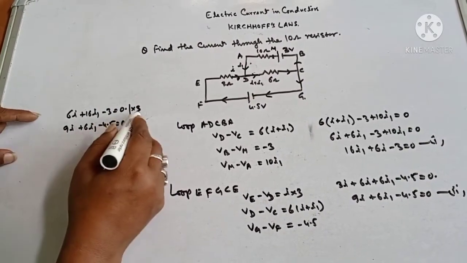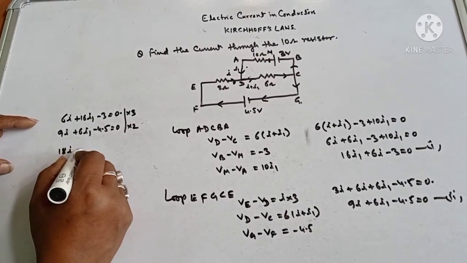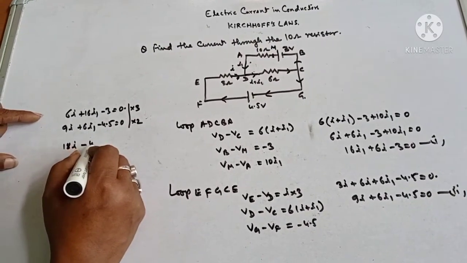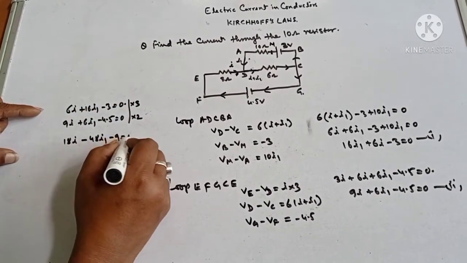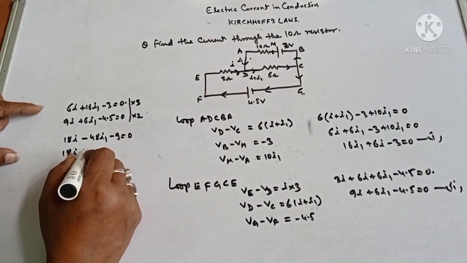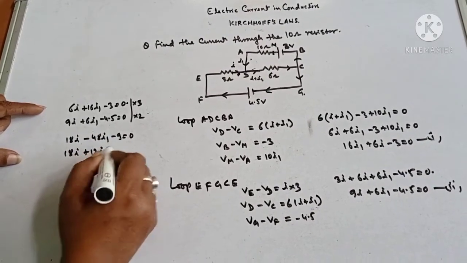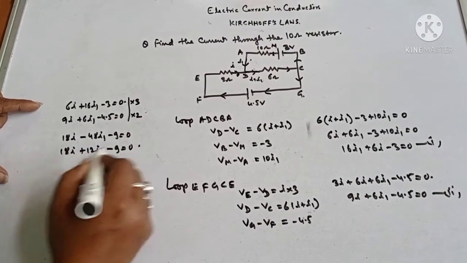So 18I plus 48I1 minus 9 equal to 0, and 18I plus 12I1 minus 9 is equal to 0.